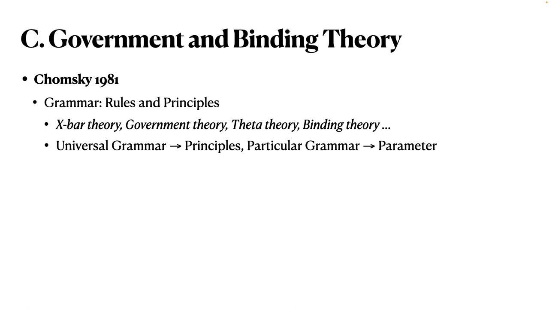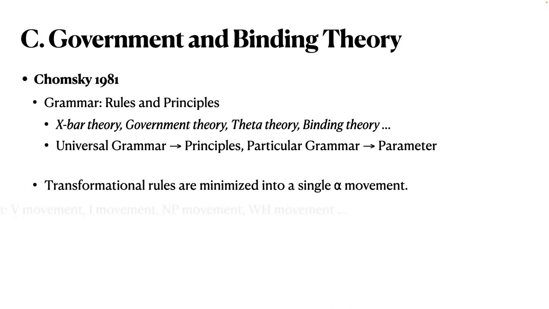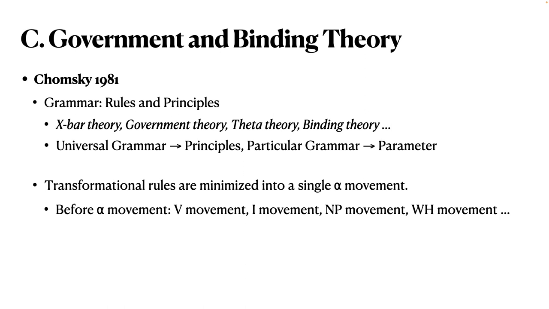On the other hand, in a rule system, transformational rules are generalized into a single alpha movement. This is possible because transformational rules can be generalized based on their commonality. For example, V and I movement are transformational rules applied to X, while NP and WH movement are applied to XP.